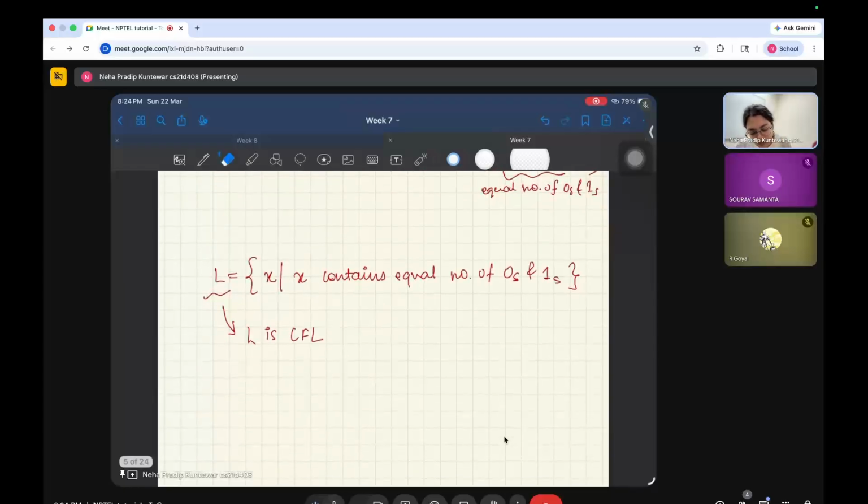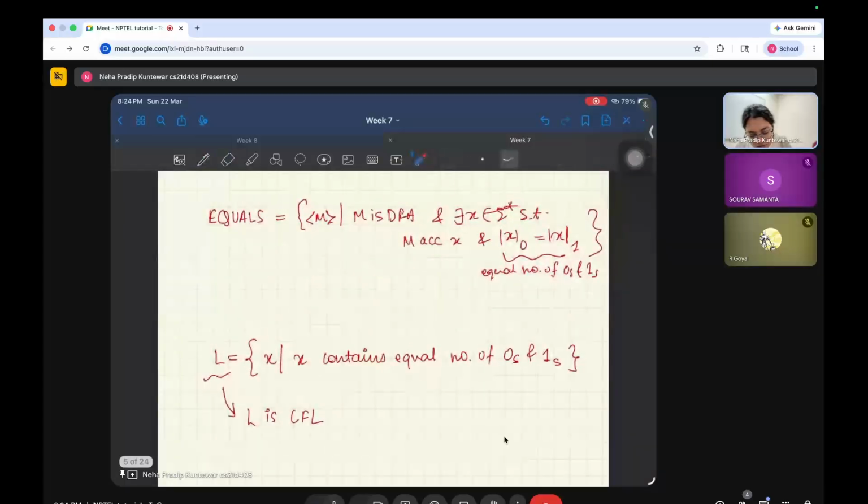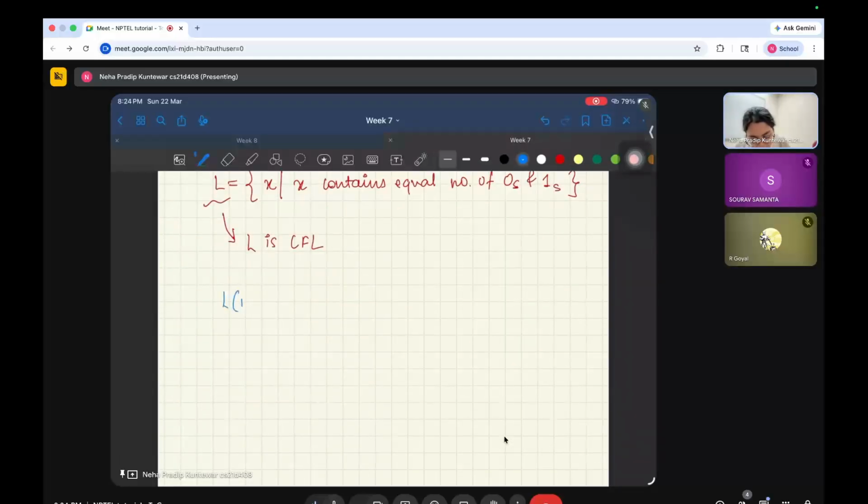Now the input to me is this machine M, and let L of M be the language of that DFA. What happens if we take the intersection of this language with L?